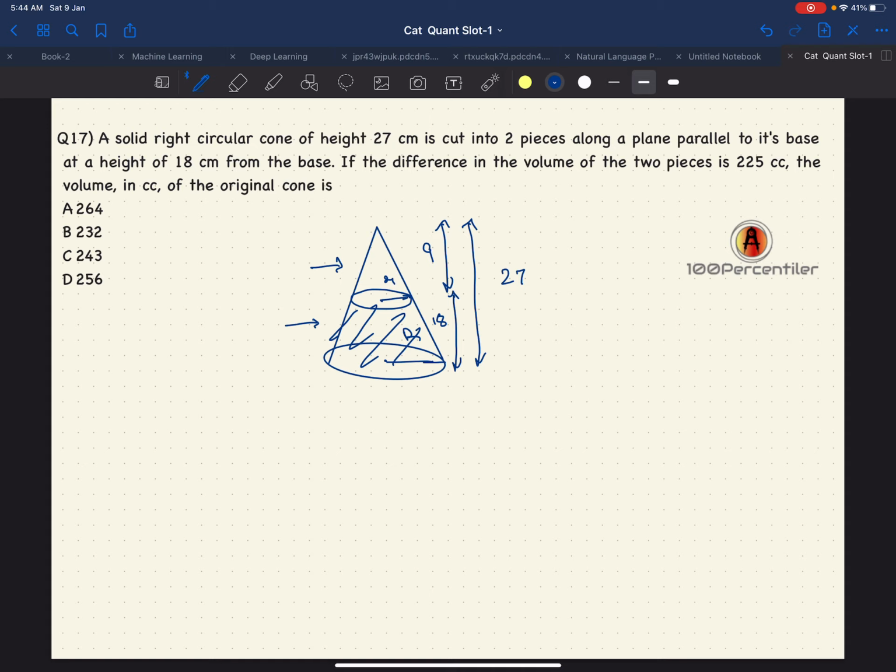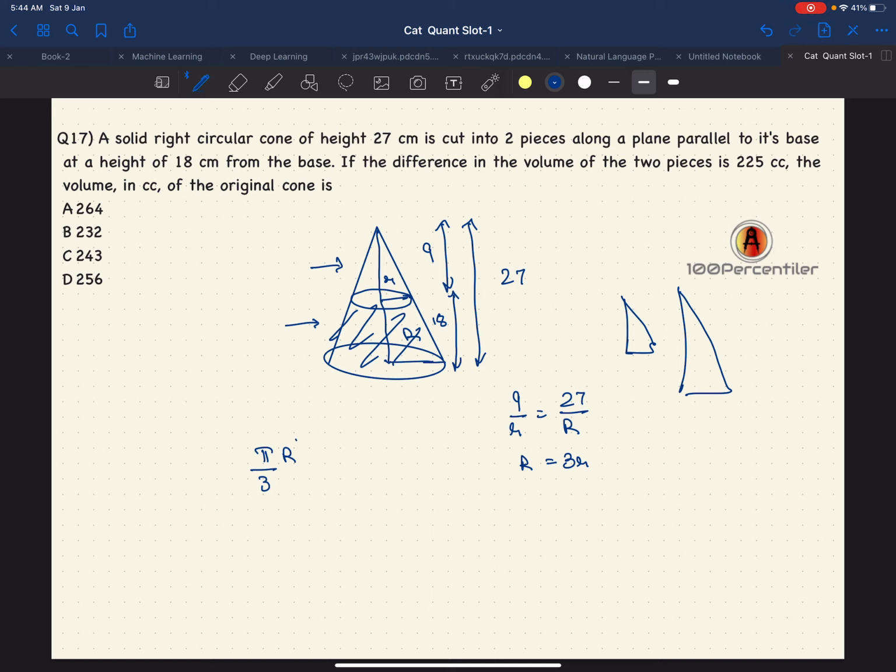Now whenever we cut a cone, we know that two similar triangles are formed here. So this particular small triangle and then a large triangle. So therefore 9 upon r has to be equal to 27 upon R, and therefore R is nothing but 3r. Now the difference in the volumes, so the volume of a cone is 1 upon 3 pi r square h.